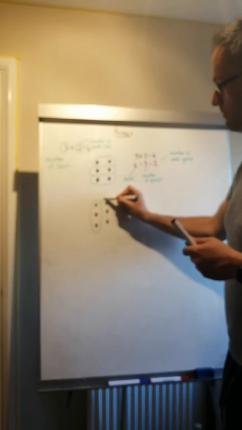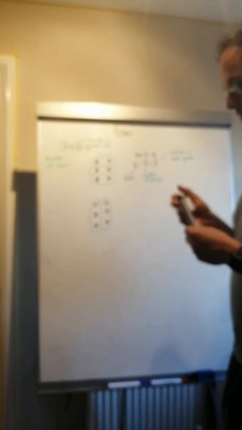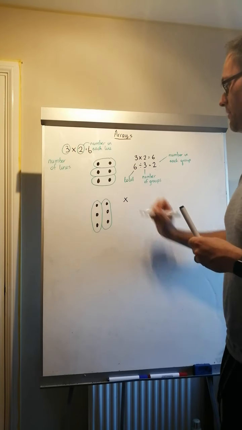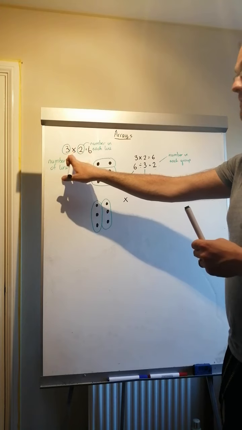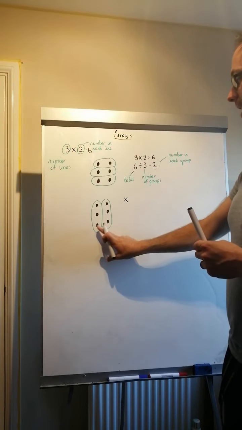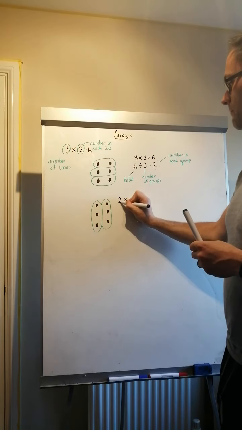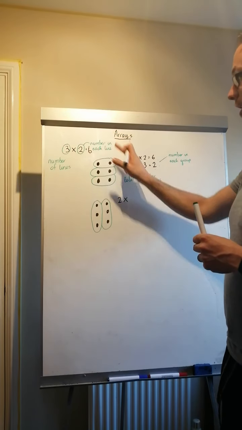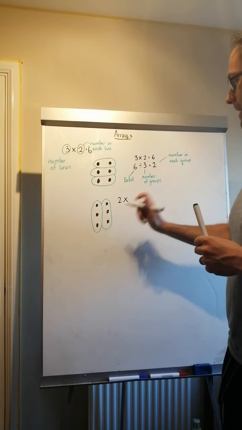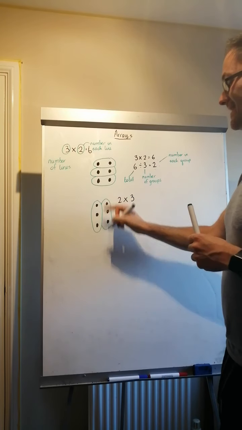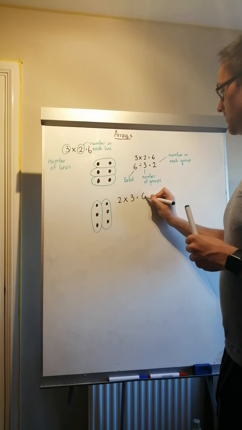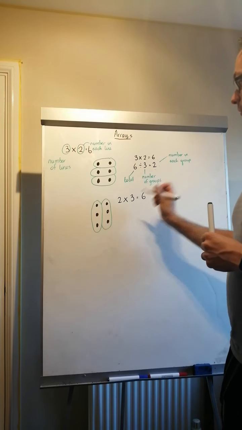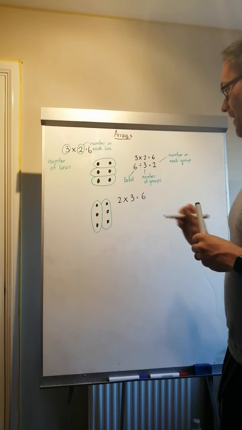One group and another group. So for our multiplication this time, we have, remember how many lines, how many groups? We have 2 groups. The second number is the number in each line, or the number in each group. 1, 2, 3. We still have 6 dots altogether.